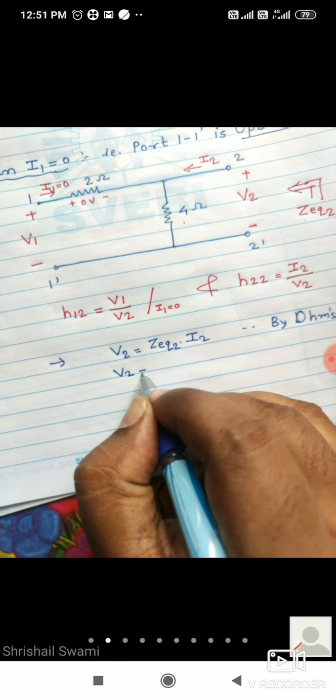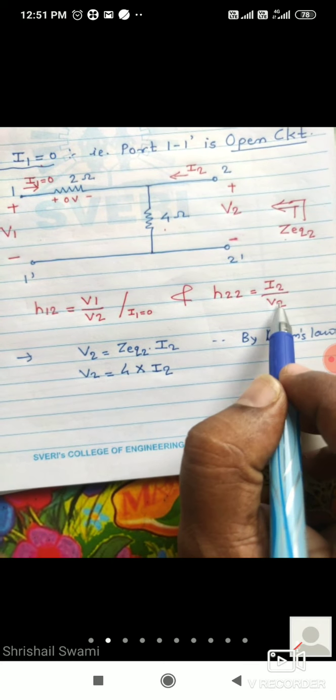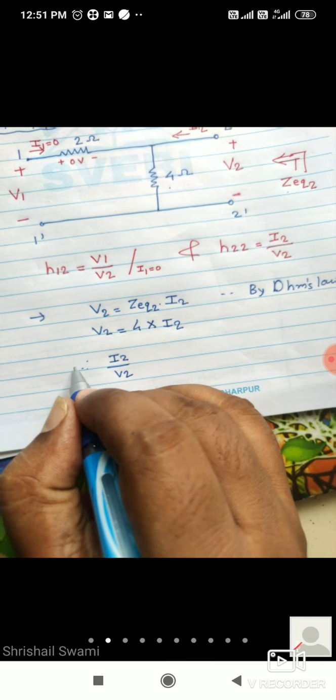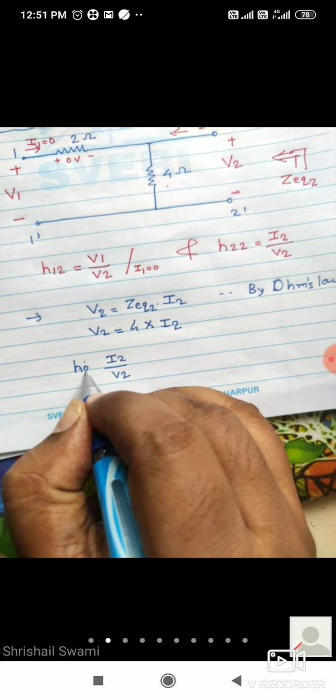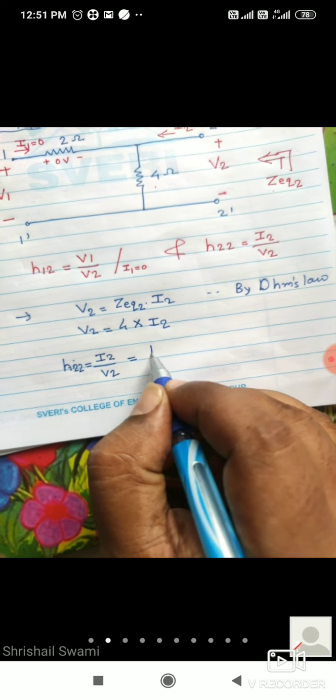So V2 is equal to 4 into I2. So what is I2 upon V2? That is nothing but H22. So H22 is equal to I2 upon V2 is equal to 1 by 4.